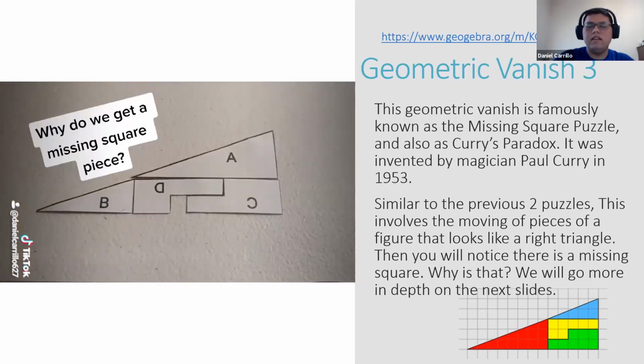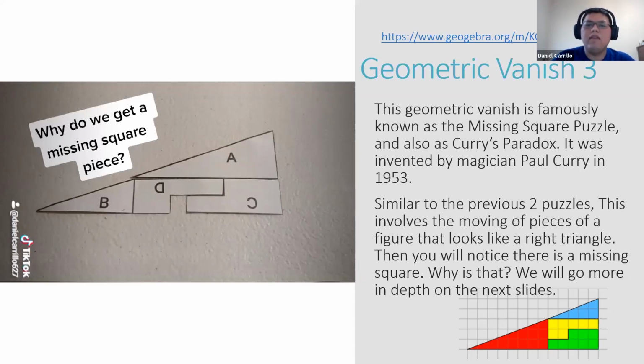As you can see, similarly to the previous two puzzles, just by moving around the pieces into a new figure that looks like the original one, we get a missing piece of area. And I'm gonna go ahead and explain in the next slides how this is possible.